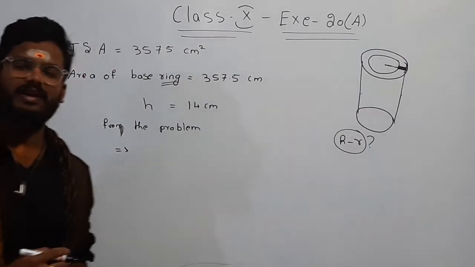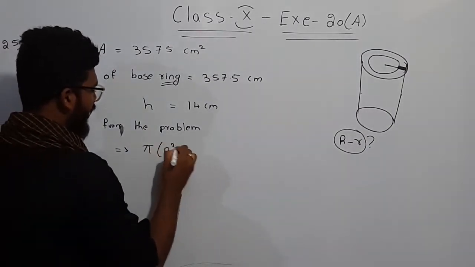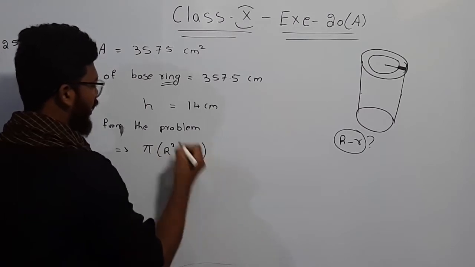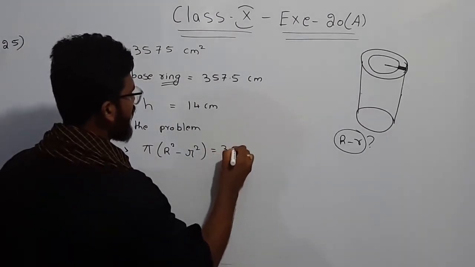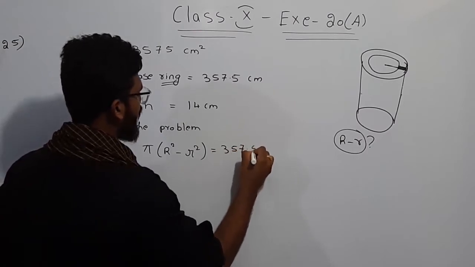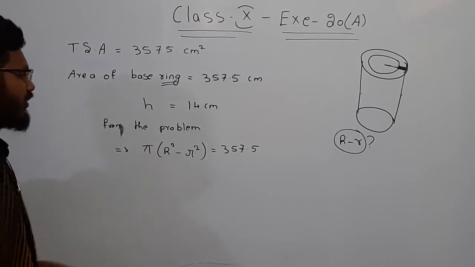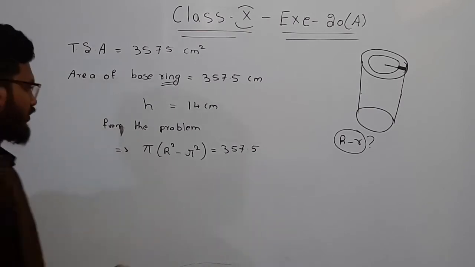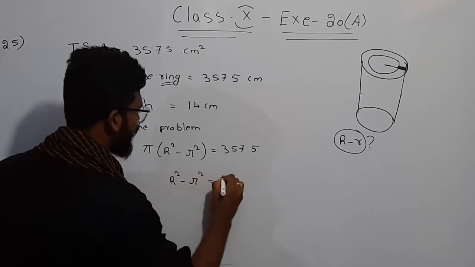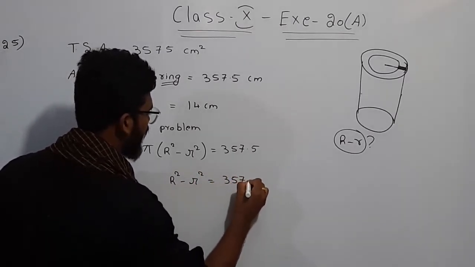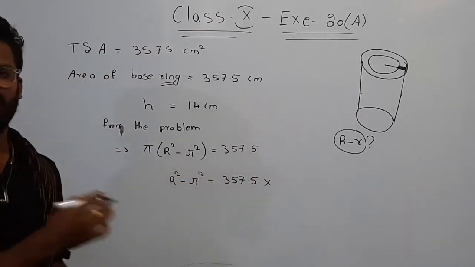So, area of the ring is nothing but pi into R square minus r square, right? So, that is equal to 357.5. And from this, we can find R square minus r square, right? So, capital R square minus small r square is equal to 357.5 into 1 by pi.